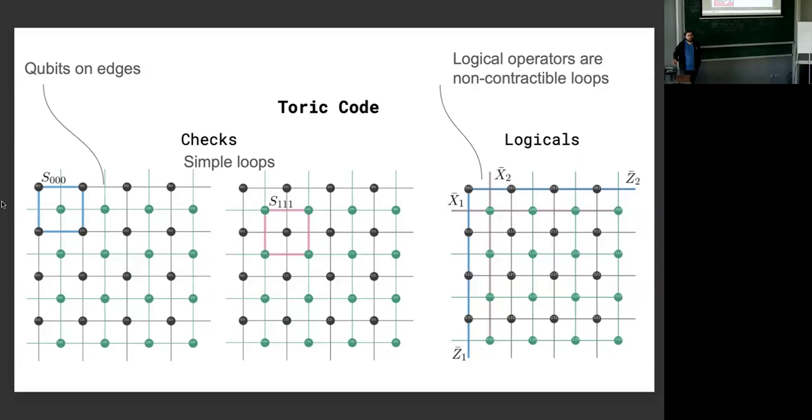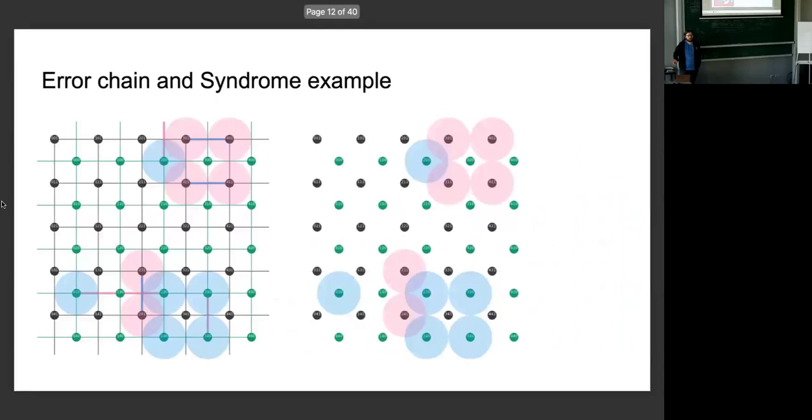Then, because after measurements we observe only the endpoints, you say, okay, I'm fine with any string which matches the endpoints. There are exponentially many in the lattice size to draw. But they differ by whether they cross an even or odd number of times some non-contractible loop which you preselect. So this is the task for decoding.